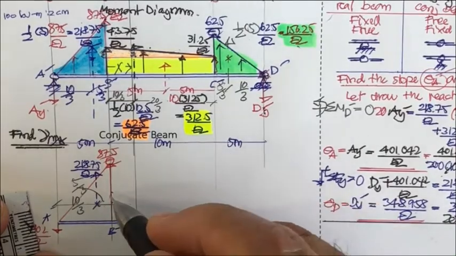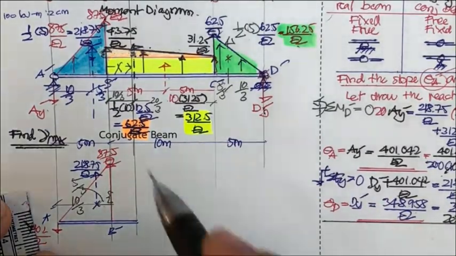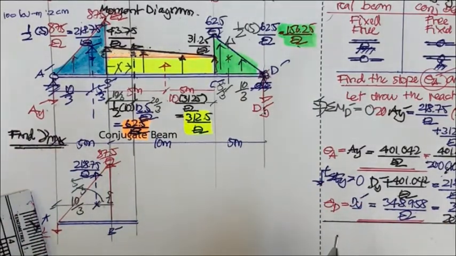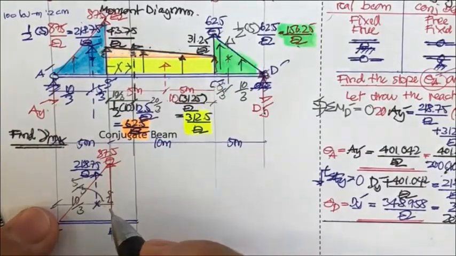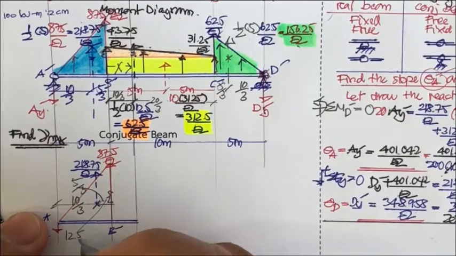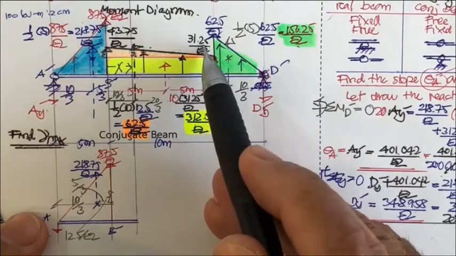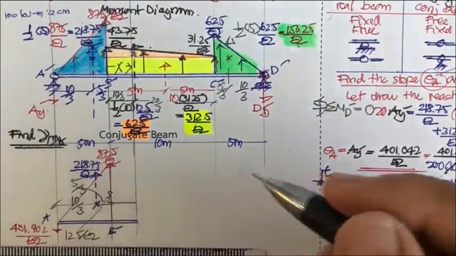So the difference here is going to be 43.75 minus this, which is going to be the difference of 12.5 over EI, and this one deducted by this. And what we have is this one going to be the yellow one.